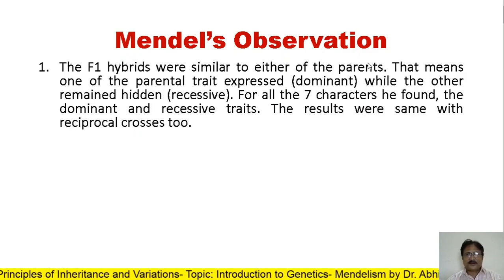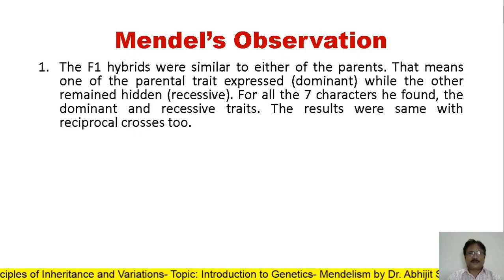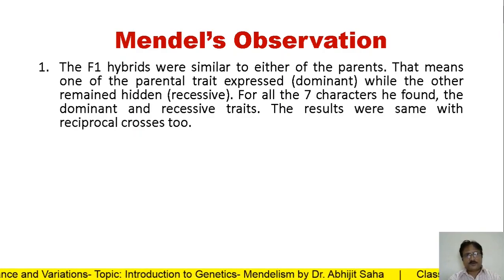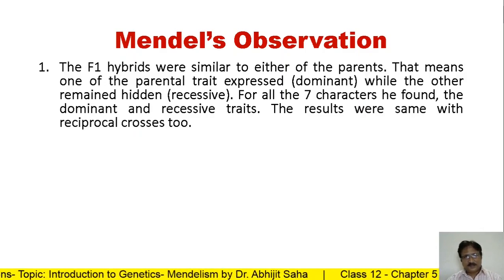We have already understood in the previous slide that the tall plant is dominant over the dwarf plant. But how did he obtain this? When he crossed a pure tall with a pure dwarf, he found that the F1 hybrids were similar to one of the parents. That means the F1 hybrid will be either tall or dwarf.